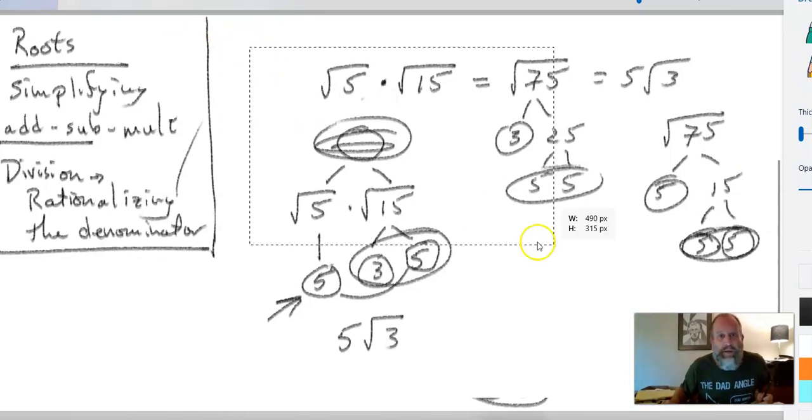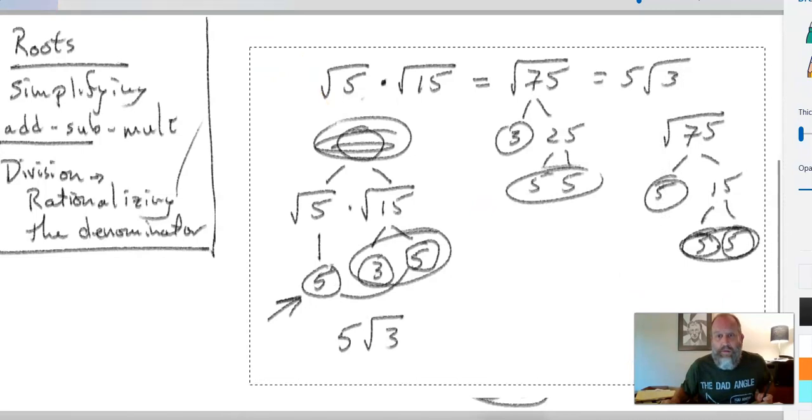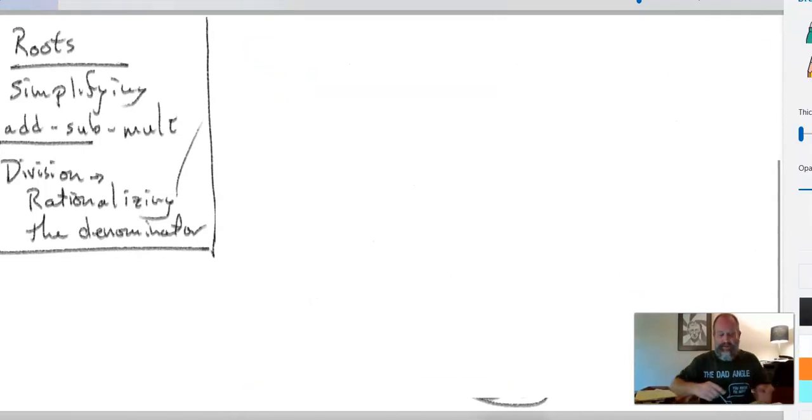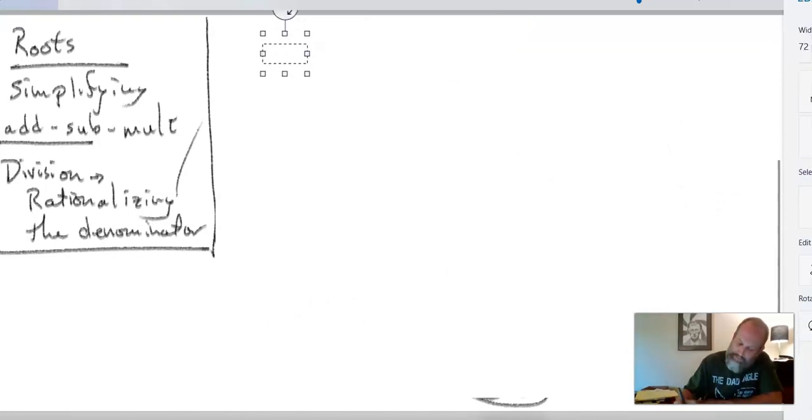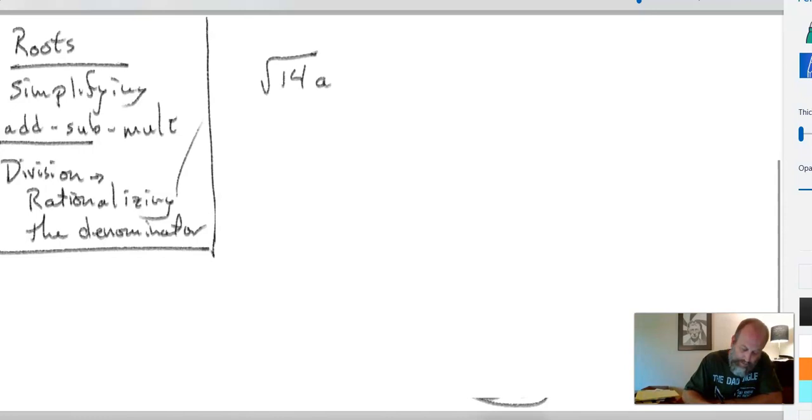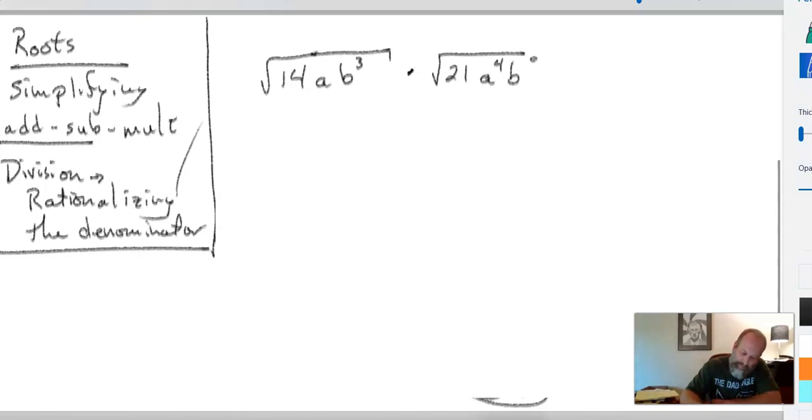Now, when it comes to multiplying out more stuff, like if you have something like 14ab to the third times the square root of 21a to the fourth b to the ninth.